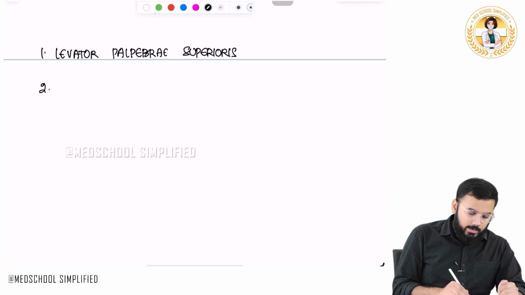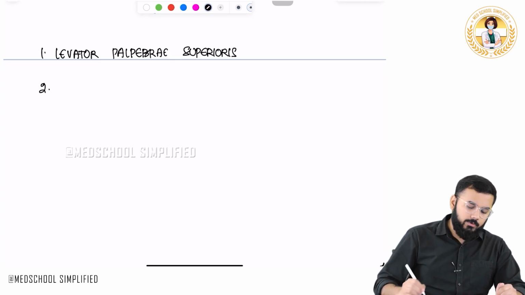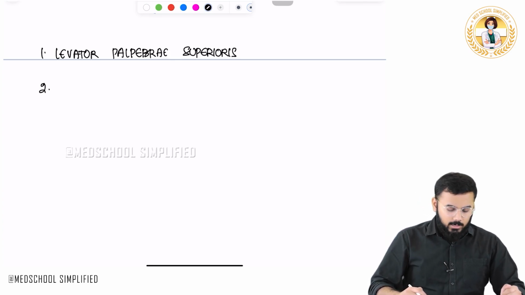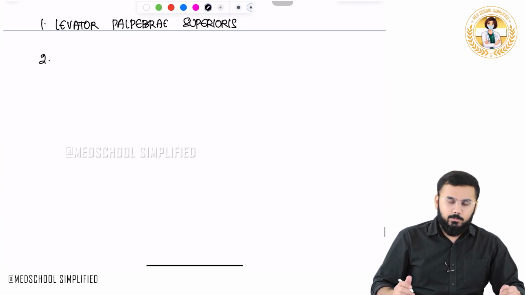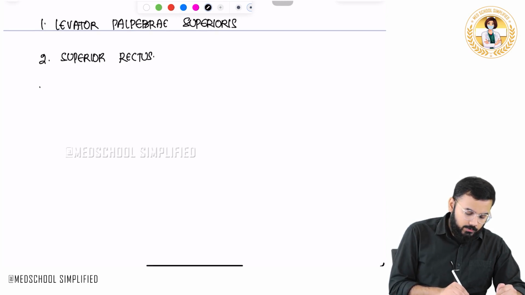Now the second important extraocular muscle is the rectus muscle. So what are the different kinds of rectus? First of all, let me write it down and then I'll explain with the help of a diagram. Next we have the rectus muscles like superior rectus, then the inferior rectus.